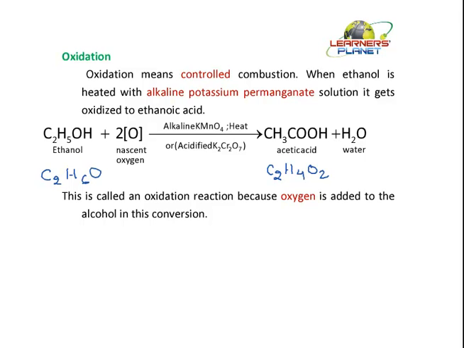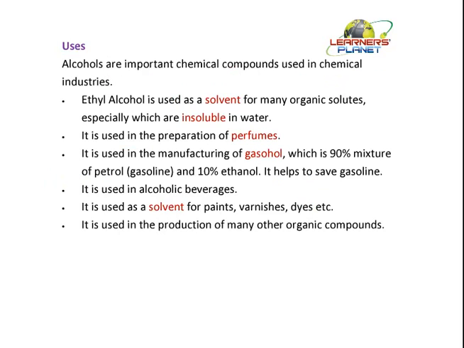So alkaline potassium permanganate or acidified potassium dichromate, they serve as what? Oxidizing agents. Now let's see some of the uses of alcohols. Alcohols are important chemical compounds used in chemical industries. These are used as solvents basically.